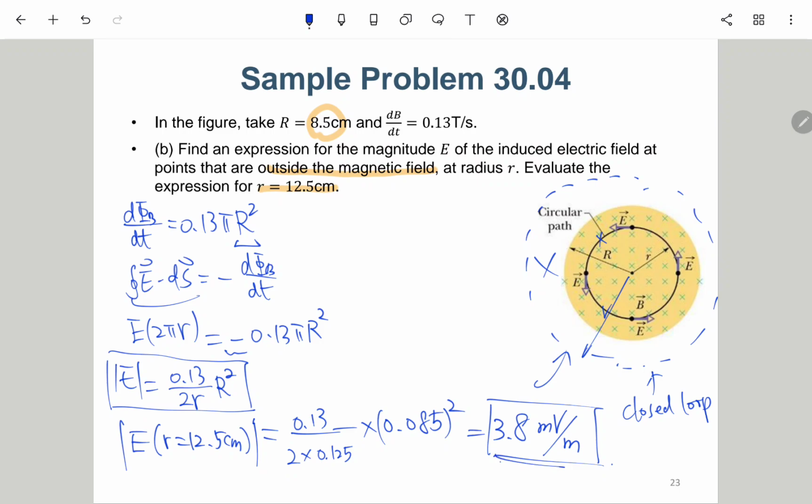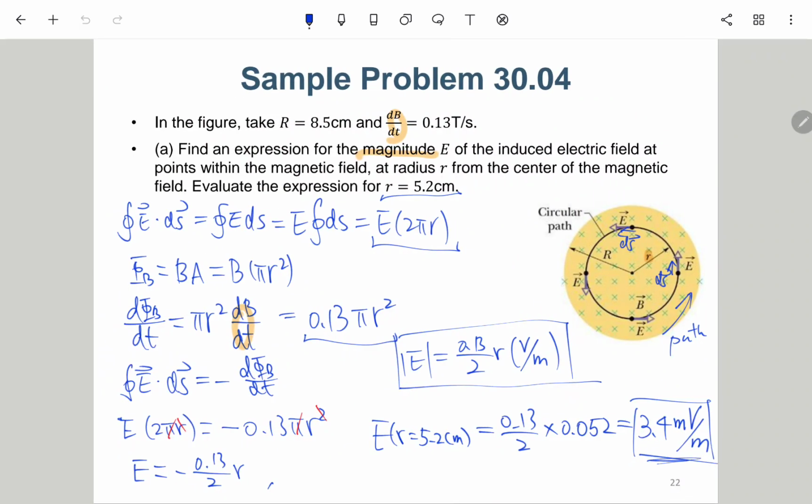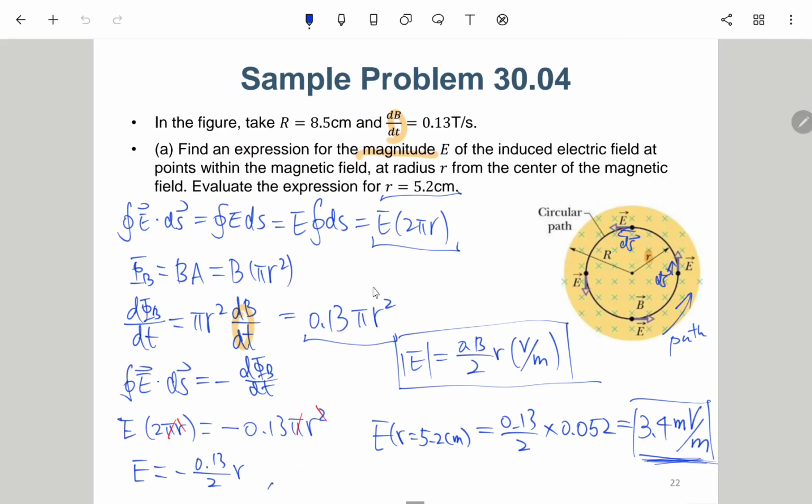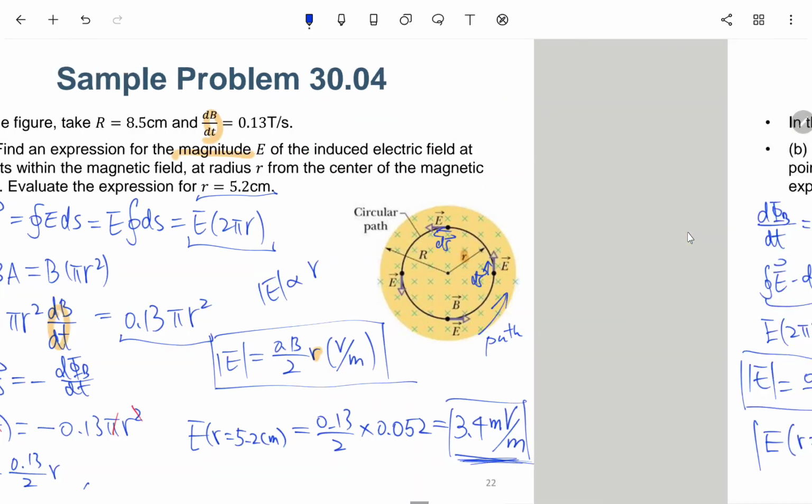Okay, actually this value is still a little bit larger than this one because the E field actually increases linearly. This E field is proportional to R, so it will increase all the way up to here.